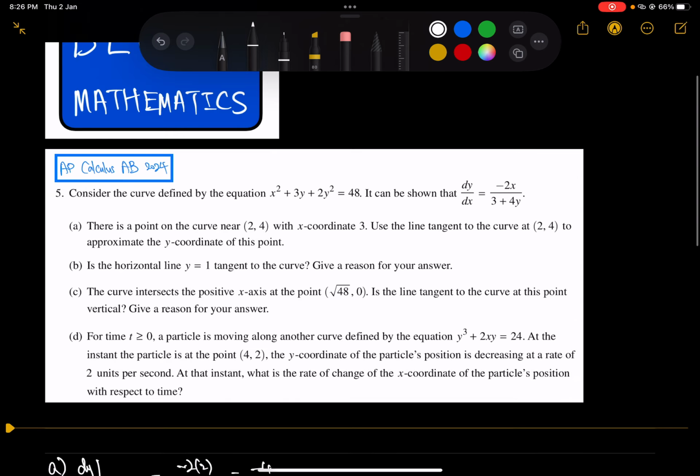And then part C, we need to find if the line tangent to the curve at that point given is vertical.